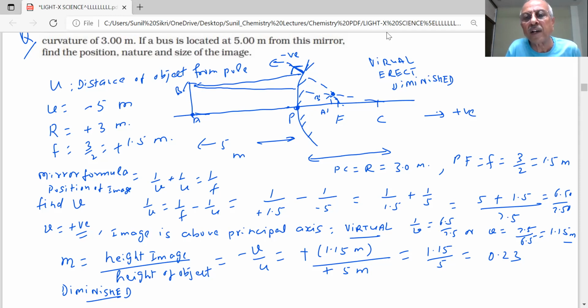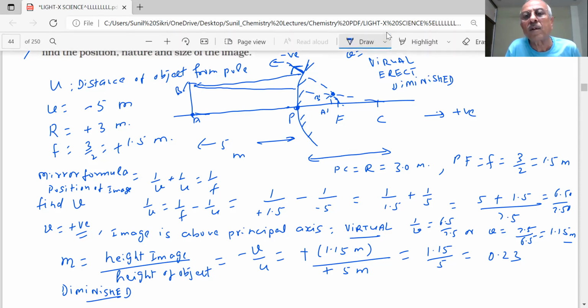So V is equal to plus 1.15 meter. This is less than the focal length of 1.5. So between where? P and F. Note down everything: virtual, erect, diminished, V plus, point between P and F. That is where we have shown it here, students.